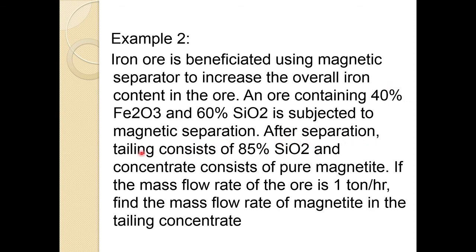After separation, the tailing consists of 85% silica and the concentrate consists of pure magnetite. If the mass flow rate of the ore is 1 ton per hour, find the mass flow rate of magnetite in the tailing. I am sorry, actually this is hematite.